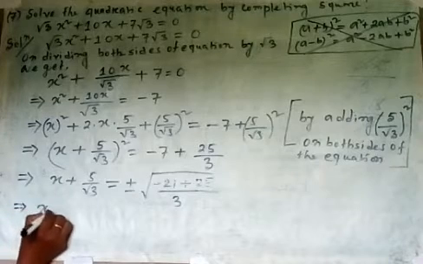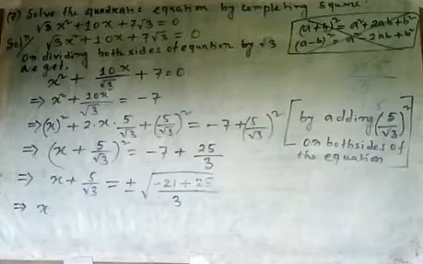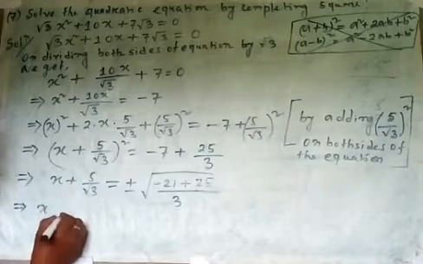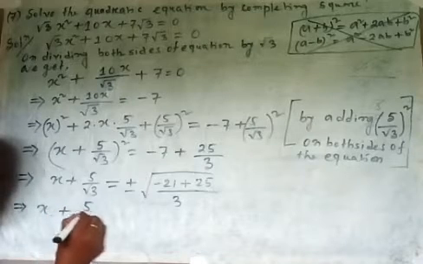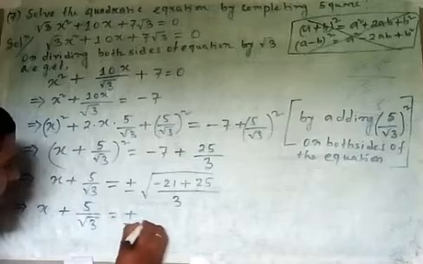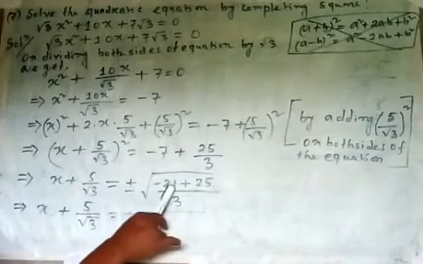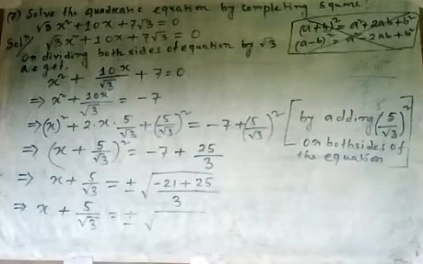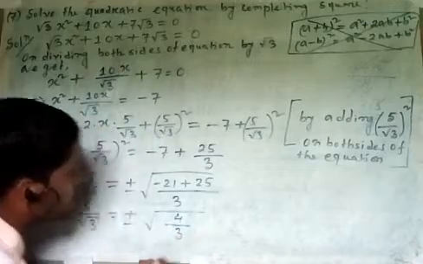This implies x plus 5 by root 3 equals plus minus root over 25 minus 21, how much? 4 divided by 3.